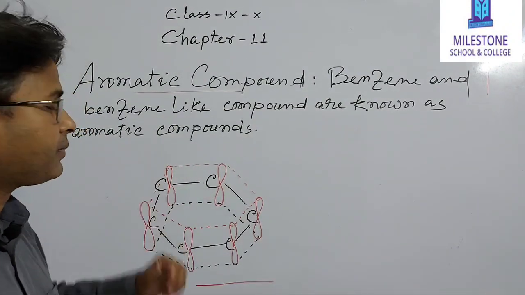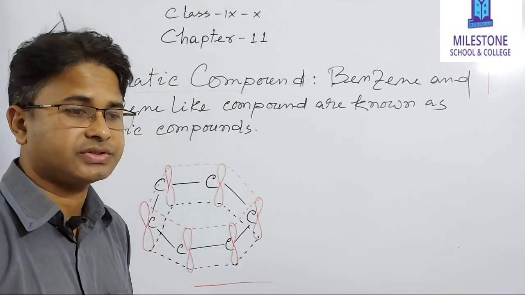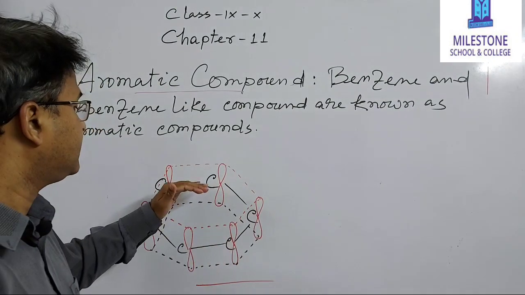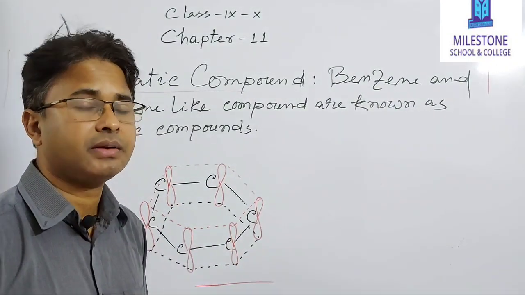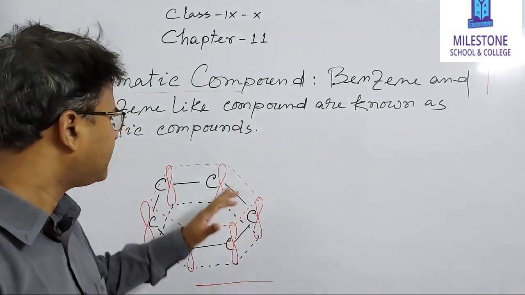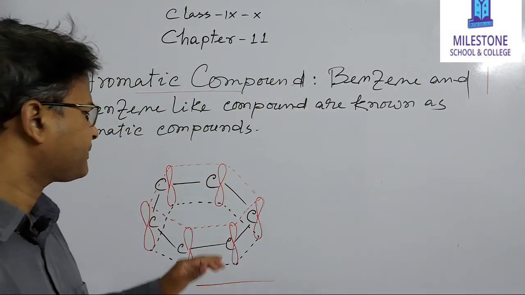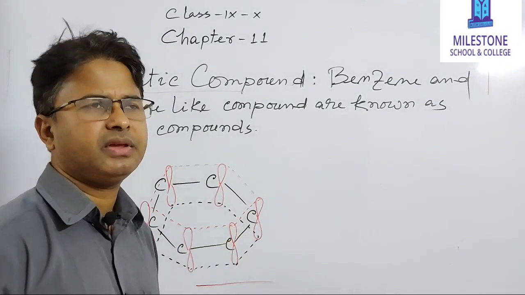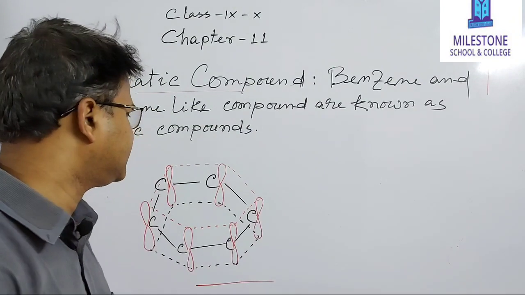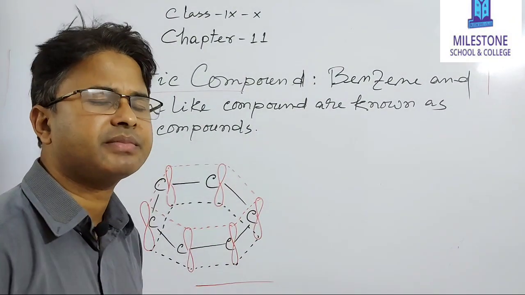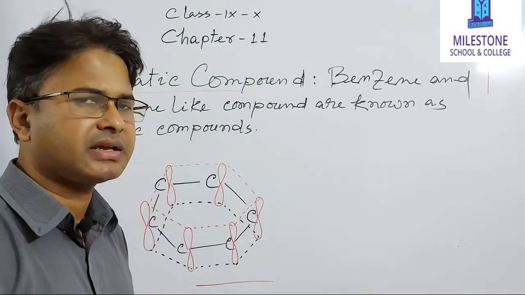So this is a coplanar cyclic compound, and there is a 4n plus 2 number of pi electrons. Coplanar cyclic compounds may have 5, 6, 7 or more carbon atoms. That's why I can say here benzene is a 6-membered coplanar cyclic compound.